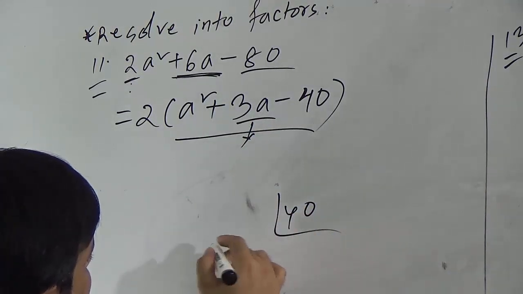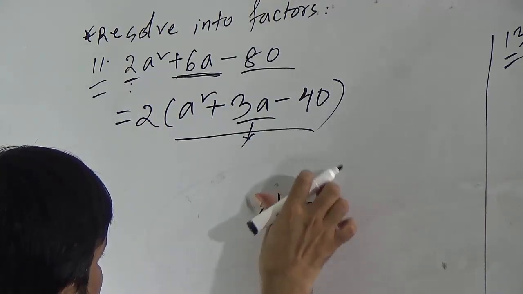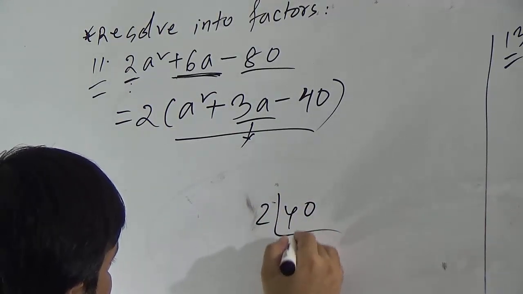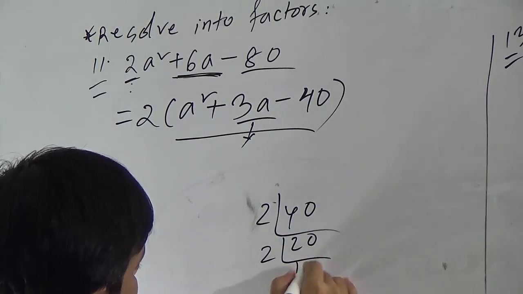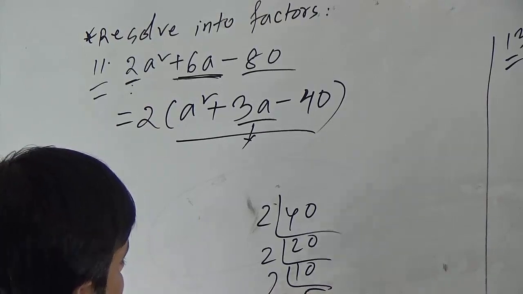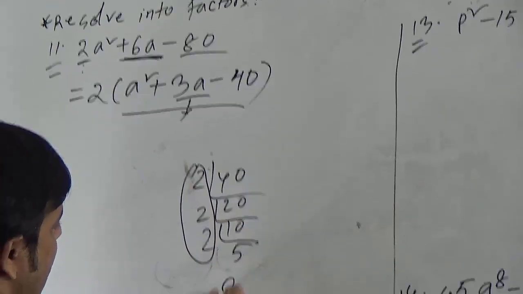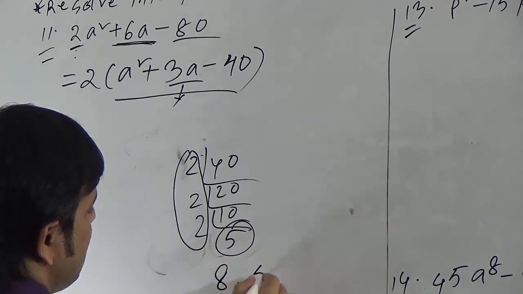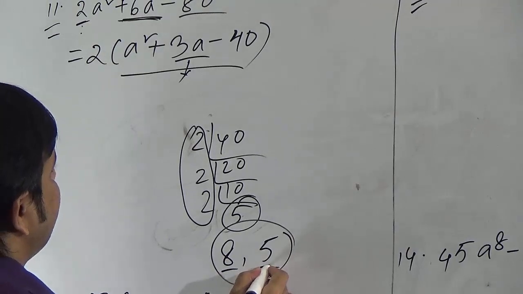So we can say 5, or we can take 2, 20, then again 2, 10, again 2, 5. Now, if we observe, the product of these three 2s is 8, and this is 5. So we can relate these two, 8 and 5.